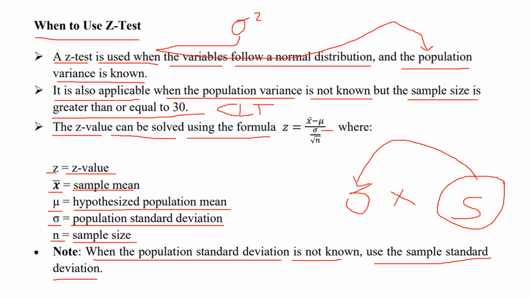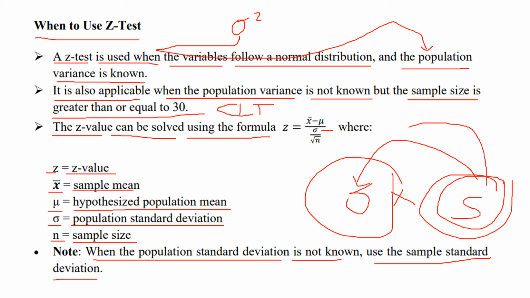Again, if your population standard deviation sigma is not known, we simply use your sample standard deviation as a replacement for the value of your population standard deviation.